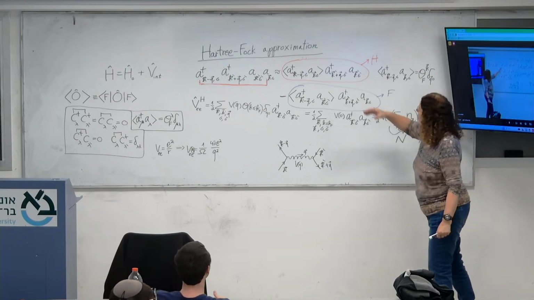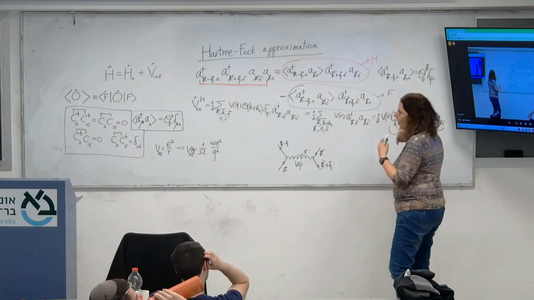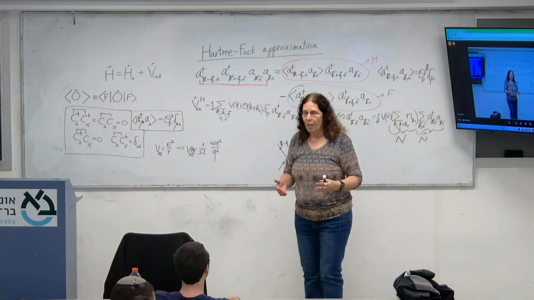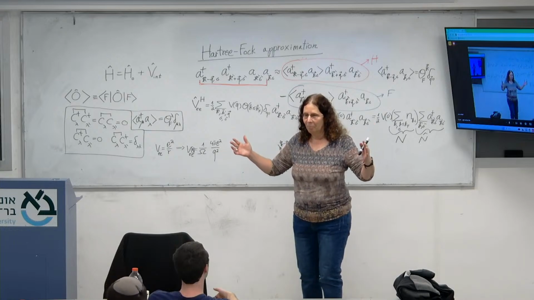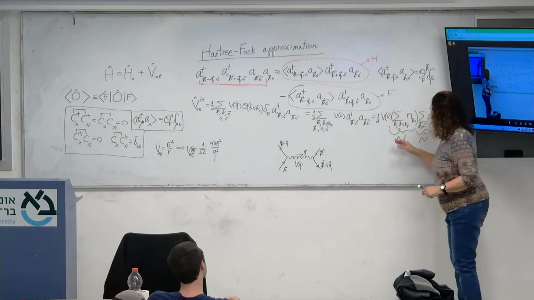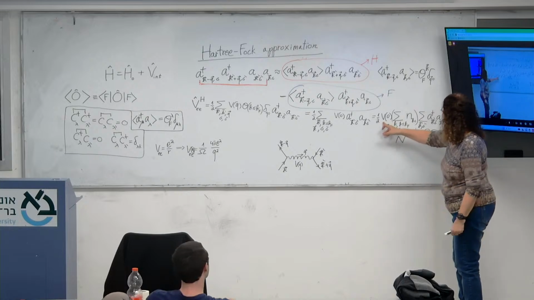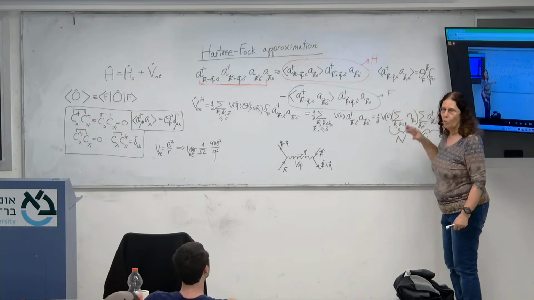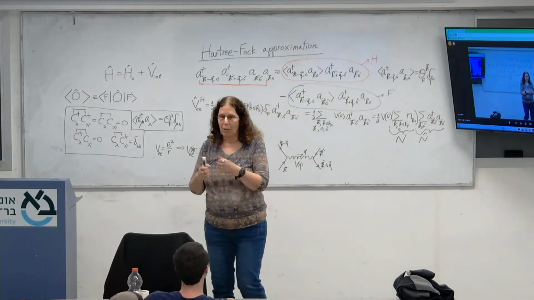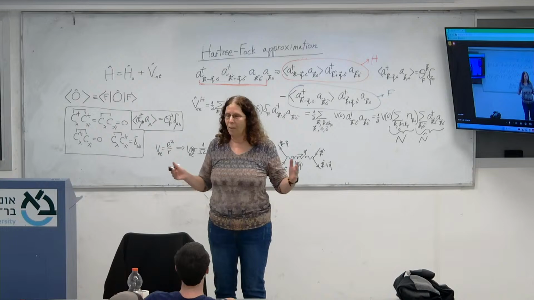The Hartree term is in fact describing the following. For each electron, we are replacing all the other electrons by a chunk of charge. Each electron interacts with all the electrons. Each of them has charge E, and together it's like you take a charged particle and it interacts with a big block of negative charge.